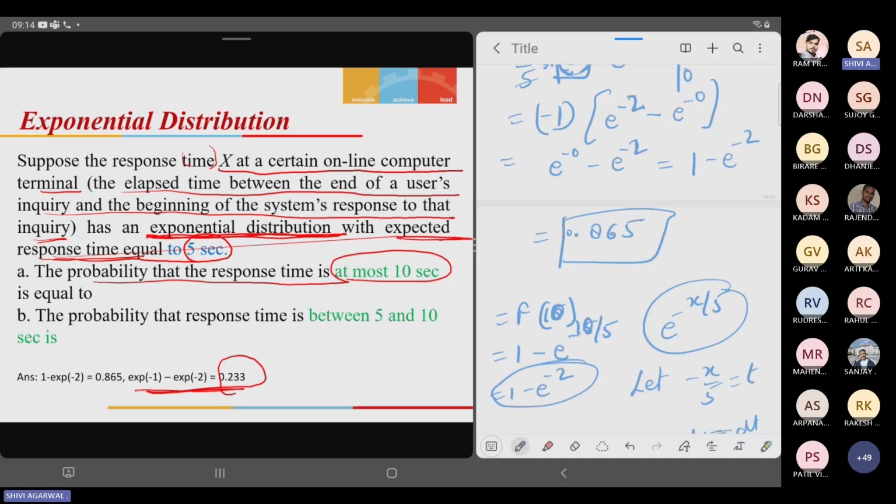That's why in the exponential distribution I just mentioned its CDF. So there is no need to do the calculation for probabilities also. Directly by the CDF you can do it. But in the gamma distribution the CDF is very complicated. That's why I didn't mention.